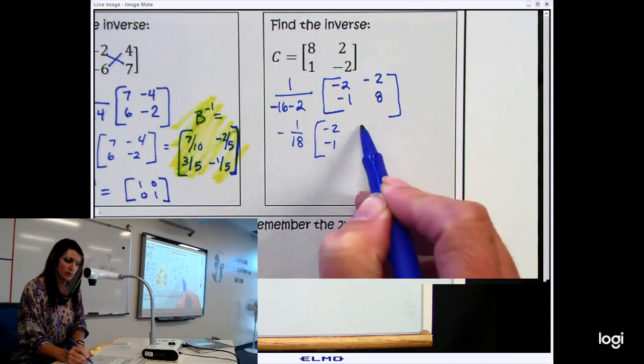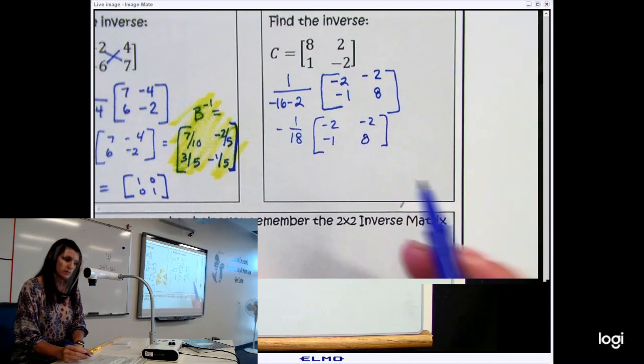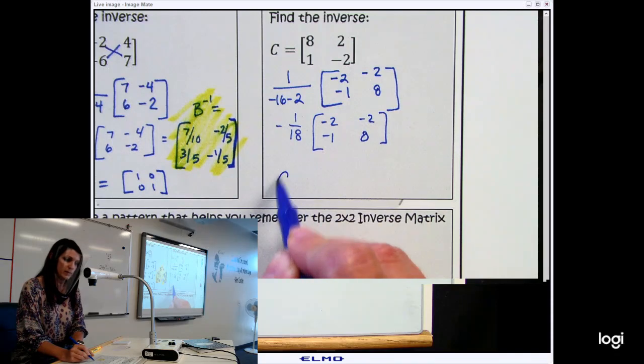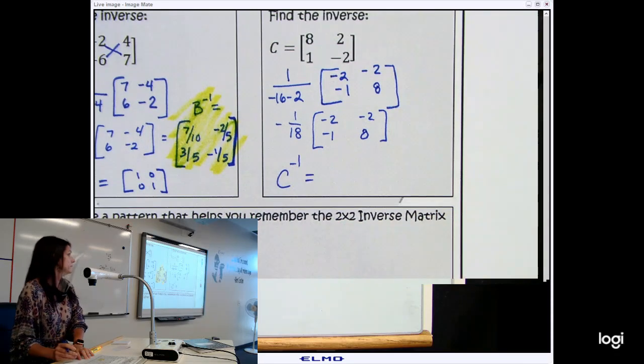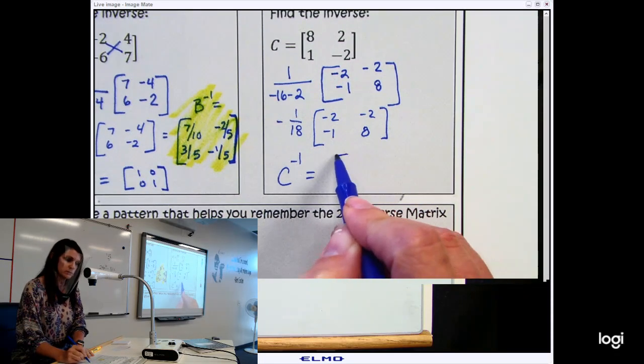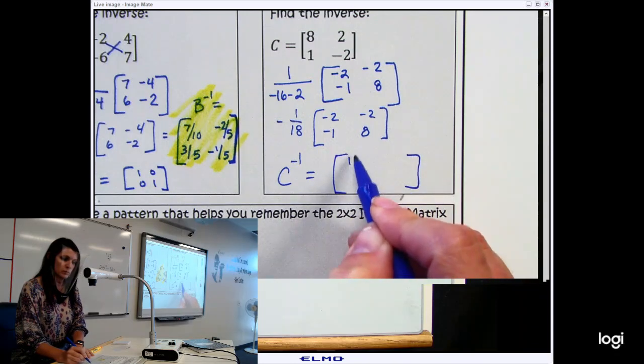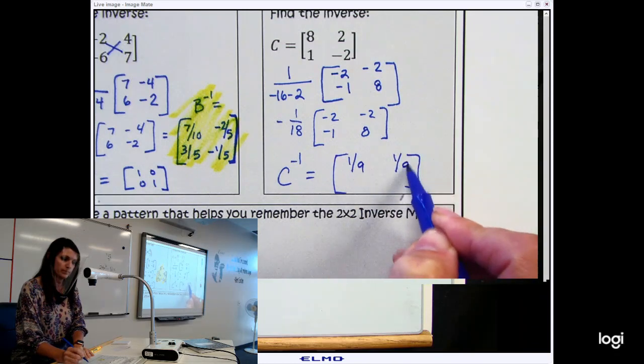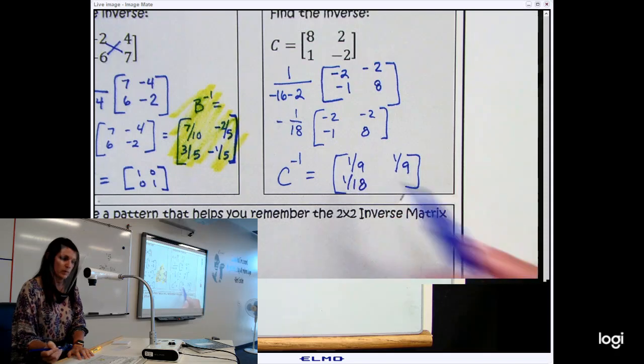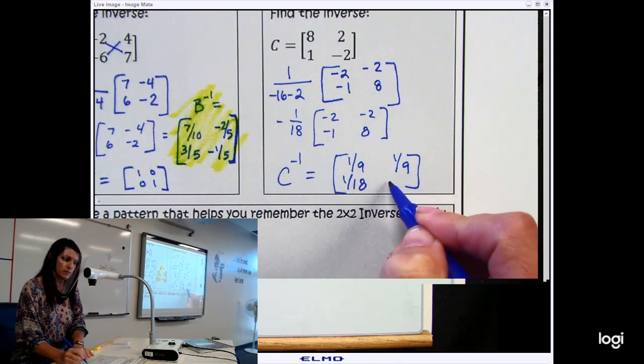2, -1, -2, 8. So my inverse of C equals, distribute that through, and 4/9 negative.